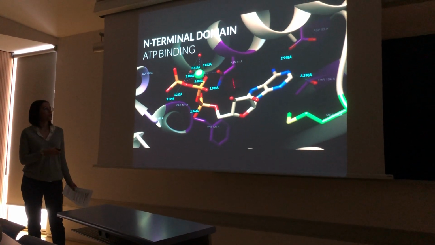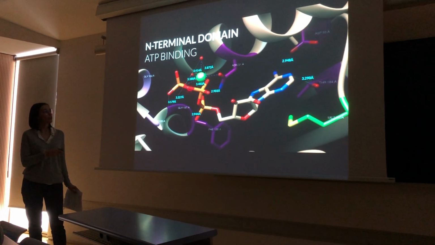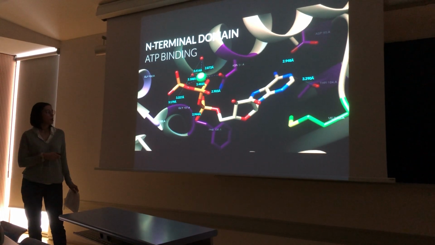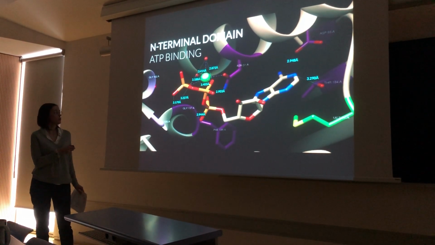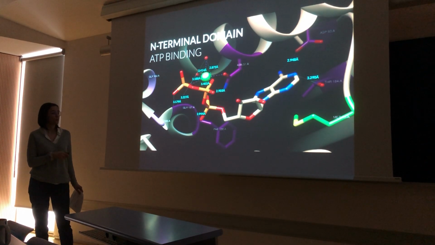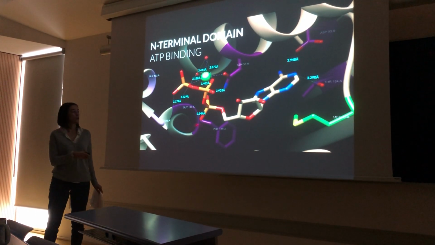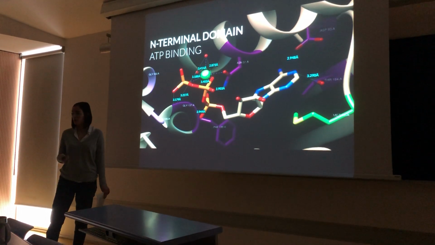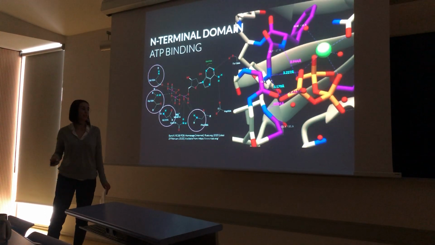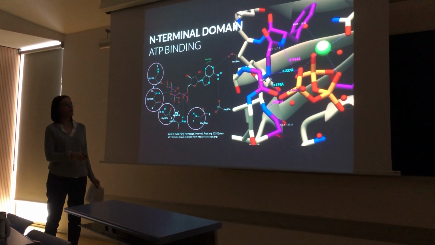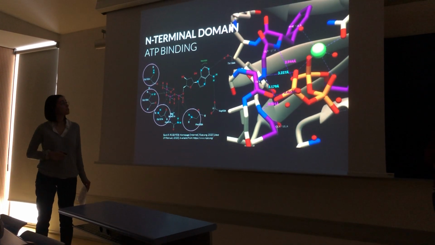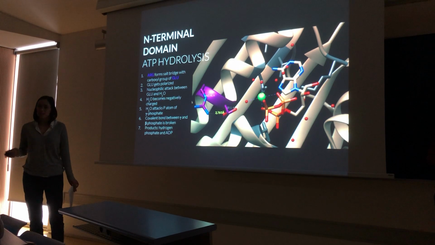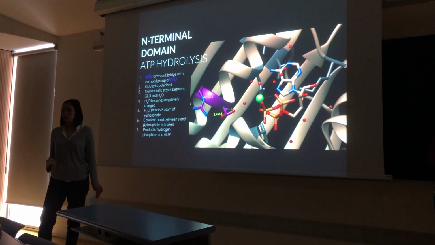And in here you can also see all the other hydrogen bonds and the coordination with the magnesium, but you will not be able to see much well. In fact, even Chimera didn't do these hydrogen bonds with the backbones of these residues, so we made them ourselves by analyzing the distances, and you can see in here all the hydrogen bonds that we couldn't see in the other image. And now, having seen this, we can go to the ATP hydrolysis.